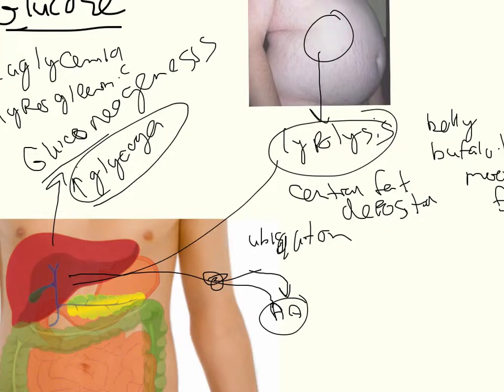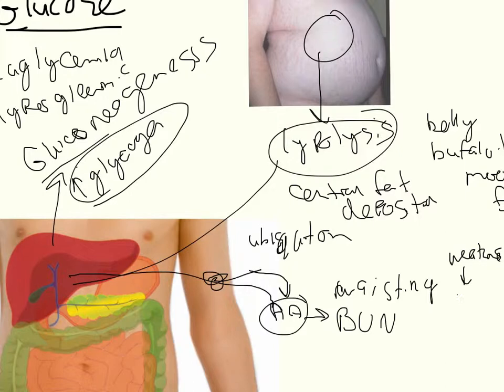So with the muscle breakdown during Cushing's, what you're going to have is muscle wasting. So I'll just write wasting here. And you also get an increase in nitrogen excretion in the urine. With Addison's, you don't necessarily get wasting, but you get weakness, and that's due to decreases in glycogen stores.